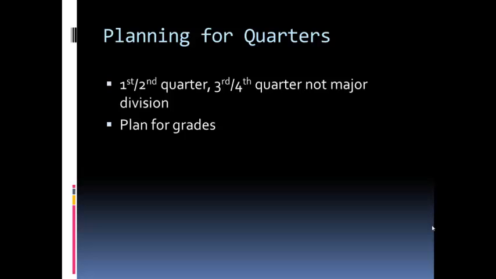Now if you look at the percentages where you have 25, 25, 25, 25, and there's no quizzes, all of a sudden that one test is a third of the quarter's grade. It's 33% rather than 25%, and you violated our policy. So you want to give enough thought to the graded work you assign during the quarter so that you're going to have enough grades to have an accurate grade.